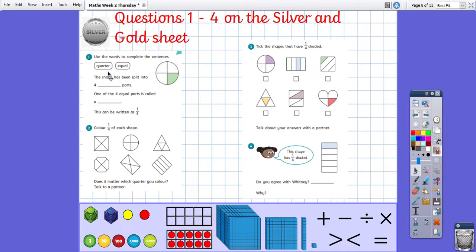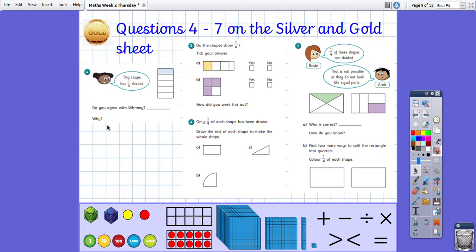You need to choose the words to fill in the blanks, colour in some shapes and answer this question. I'd like you to write the answer down for that question, please. You've got to tick some shapes that have got 1/4 shaded, remembering that they have to be equal parts. And then tell me if you agree with Whitney, but you need to tell me why.